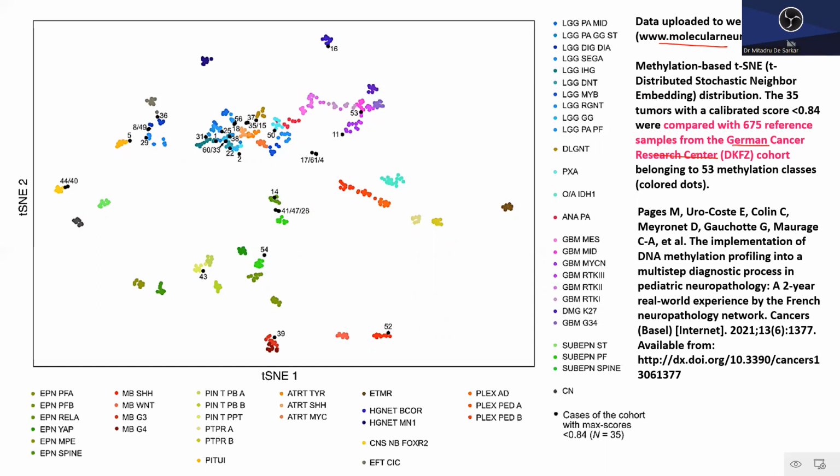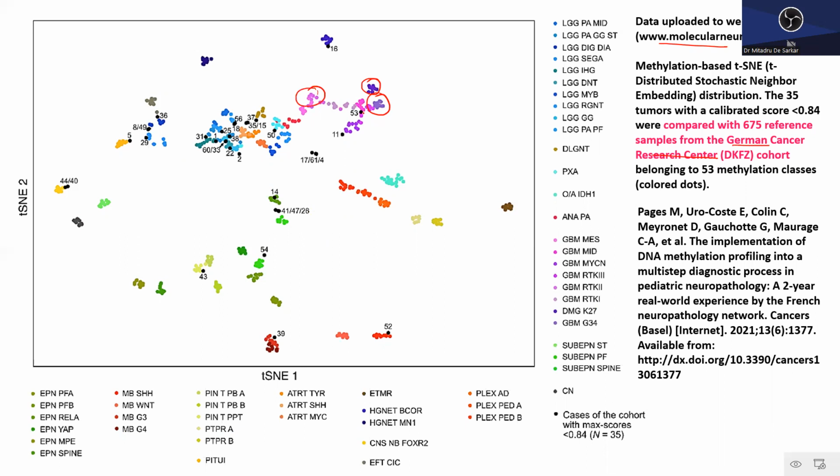Research Center. And finally, you will have a plot in which your tumor cases, like in this particular case, a study of 53 cases, will be plotted against the known reference cases at DKFZ, by artificial intelligence and machine learning.